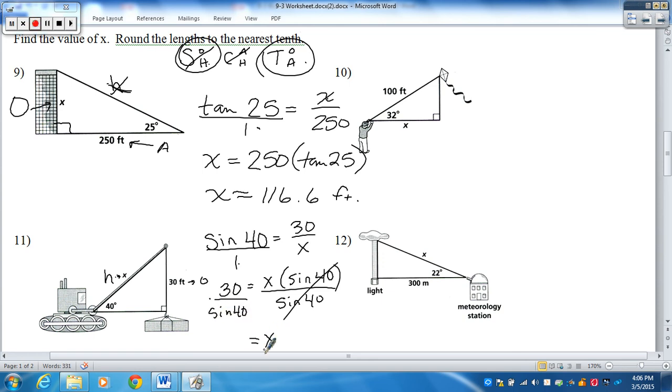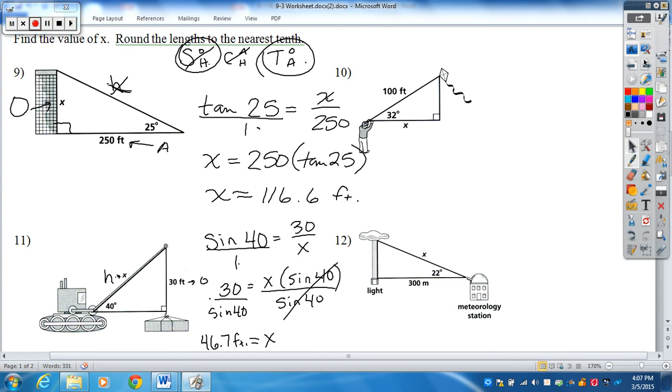All right, and so if we work that out, 30 divided by the sine of 40, you should get something like 46.7 feet. Okay, it's bigger than my leg in my right triangle, which is good because it's the hypotenuse, and that's the answer there. Okay. All right, now let's go to the back side of our worksheet and take a look at that.